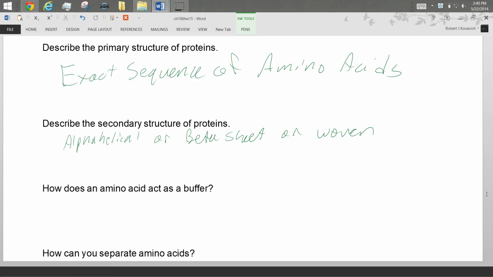How about this? When a secondary structure forms, what components in this protein are binding to each other? Not the side chains, the backbone.